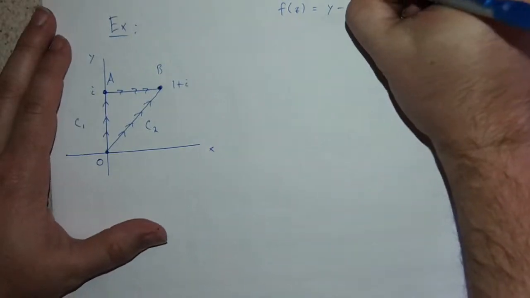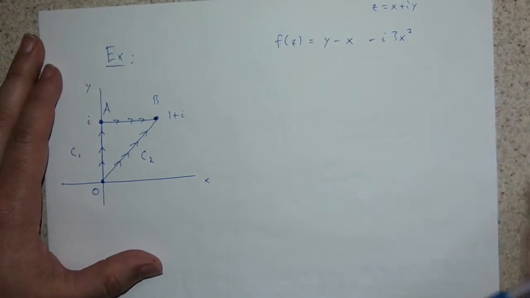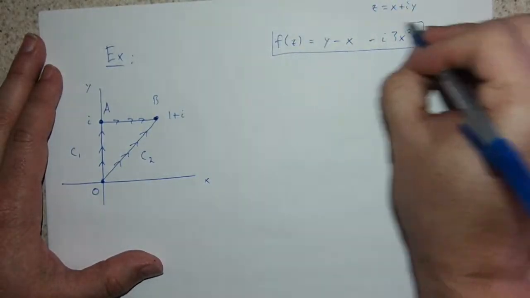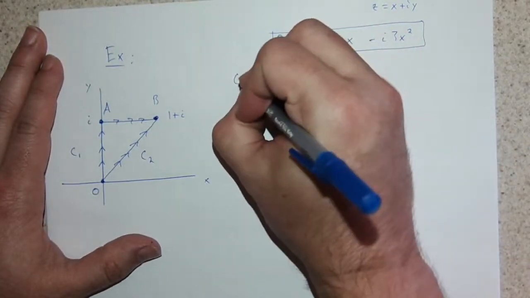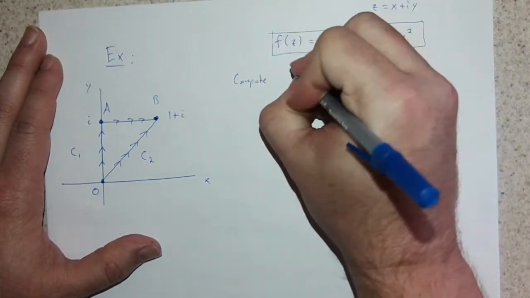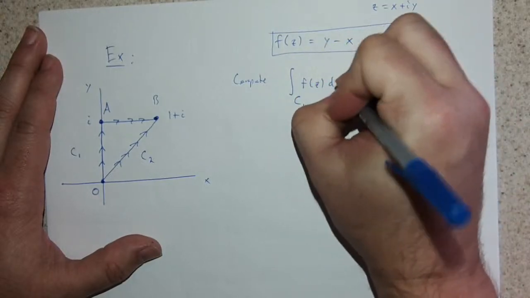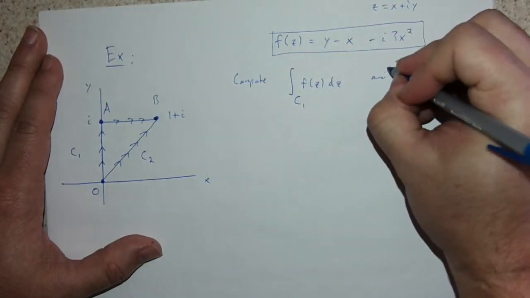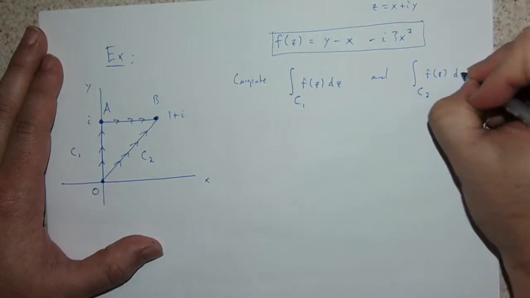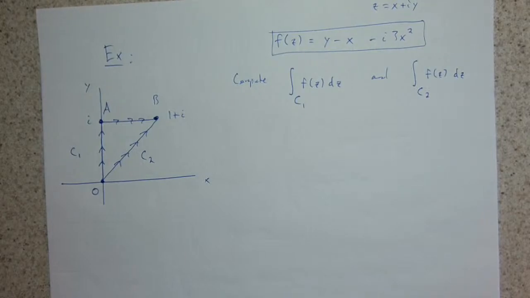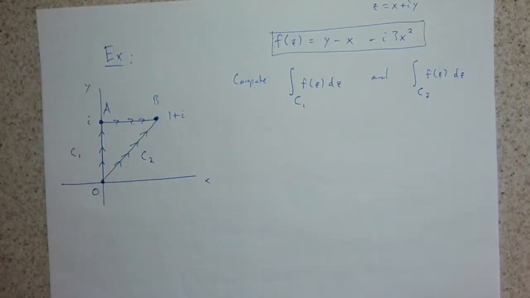So we're thinking of z as being x plus iy here. I want to compute the integral along C sub 1 of f of z dz, and the integral along C sub 2 of f of z dz. So I want to compute contour integrals along these two different contours.